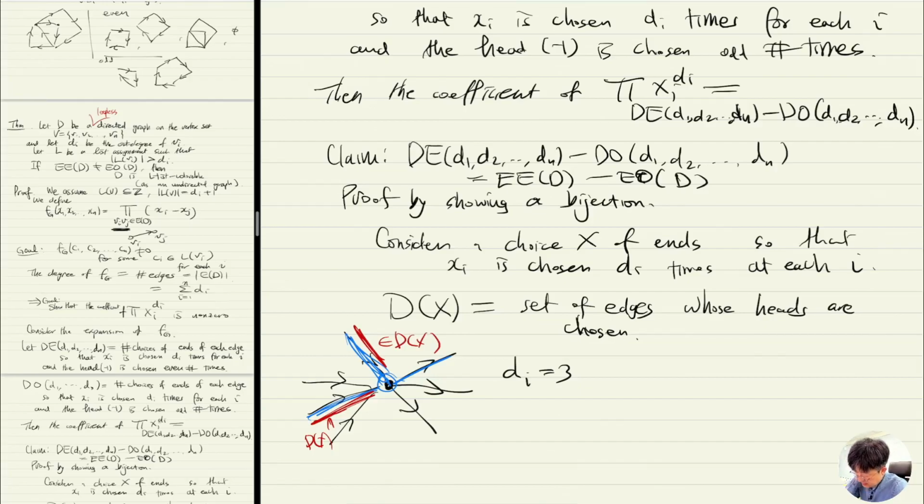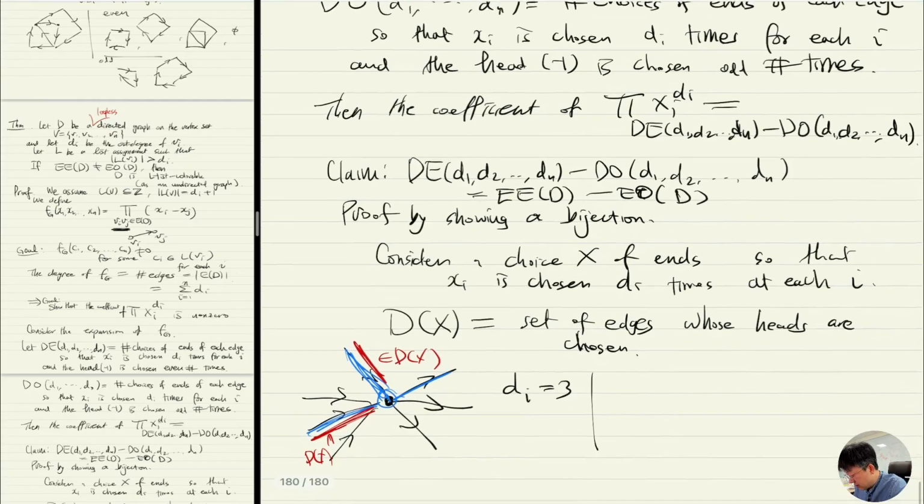Now the thing is, when you look at the set of edges whose heads are chosen, what do we know?